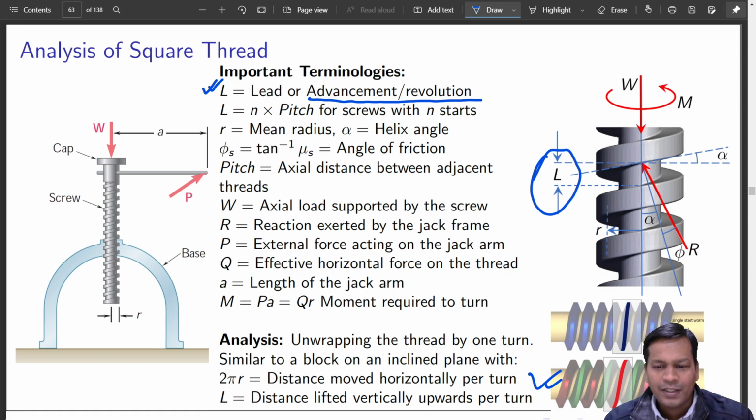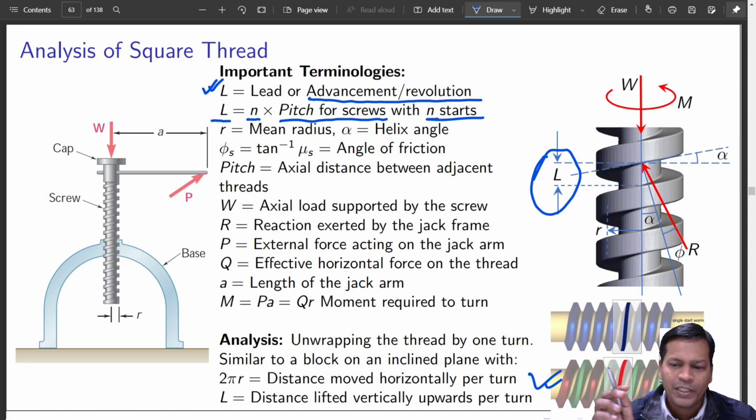Pitch is the distance between two consecutive threads, so you will cover this much. L is the lead, N is the number of starts, and p is the pitch of the screw. So L = N × p, which is how much you advance per revolution. I hope this is quite clear.